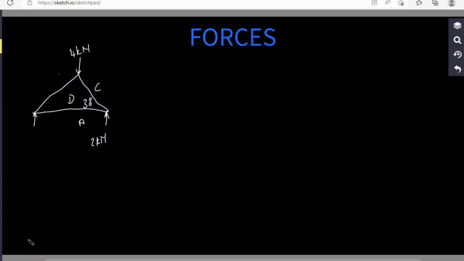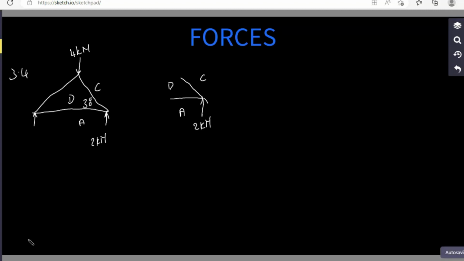So we are given something like this. It's 3.4. We are given a diagram like this. We are only interested in this part, CDA, and the force here is 2 kilonewtons.